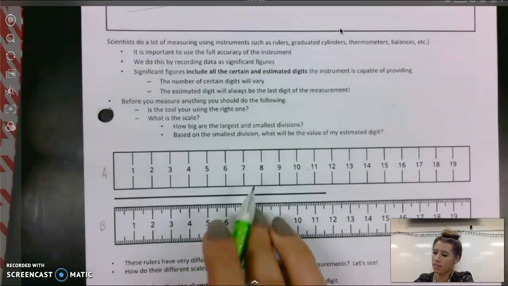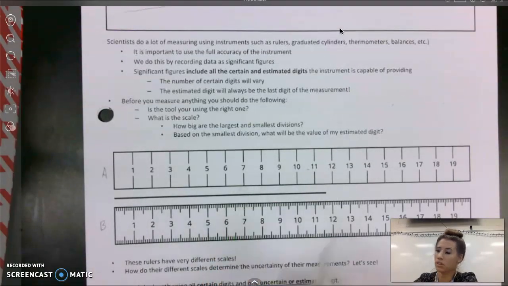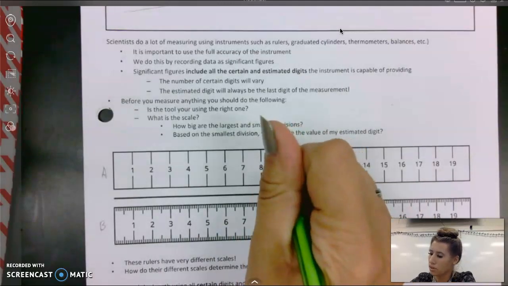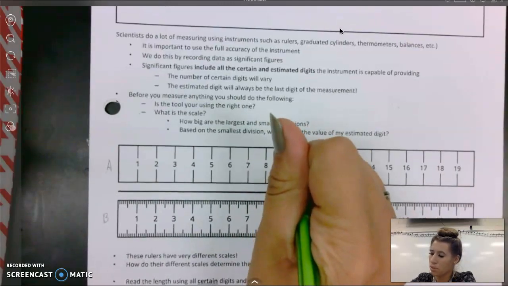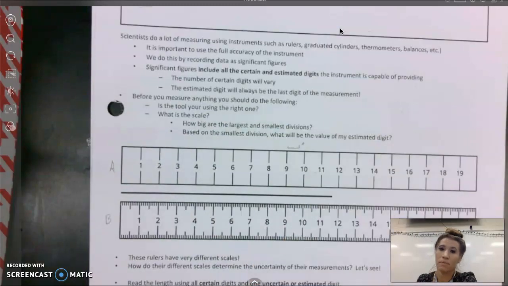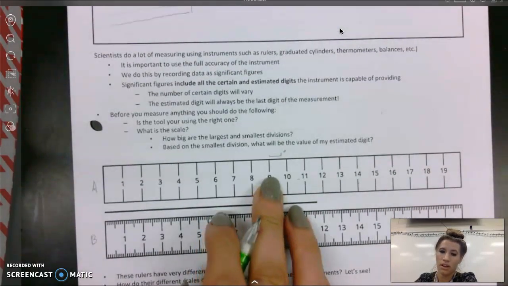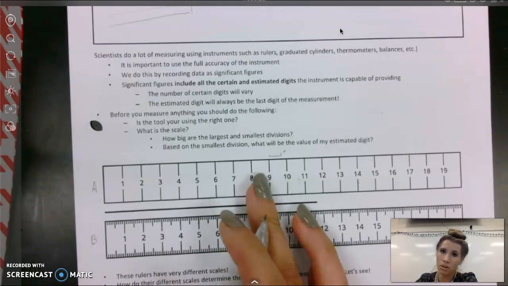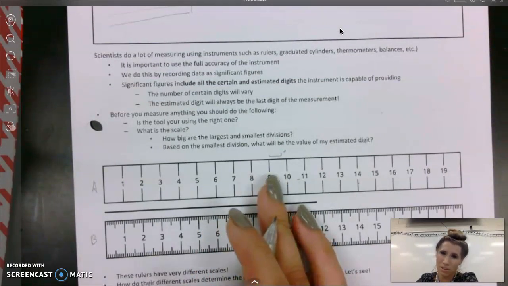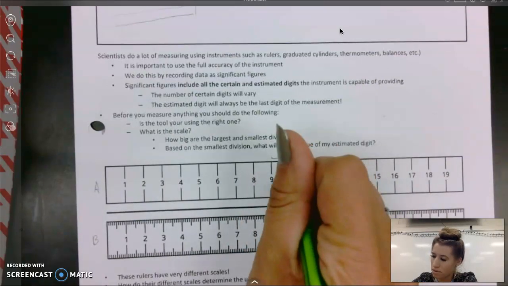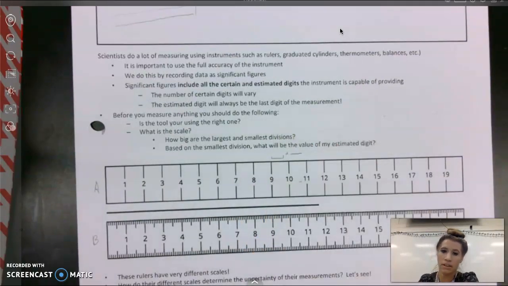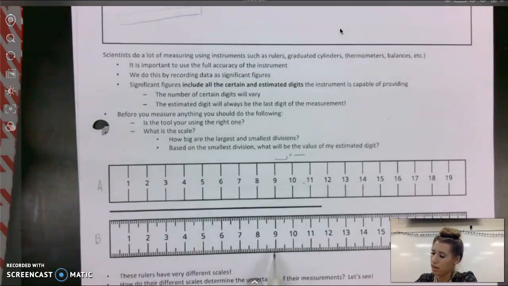When I look at this, my calibration marks are all whole numbers. So my whole number values, I'm always going to be certain of with this instrument. They're my smallest calibration marks. So when I make a measurement to a tenth in between there, our tenths place is always going to be the estimated one.